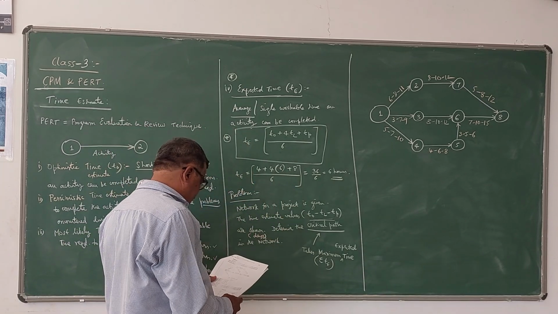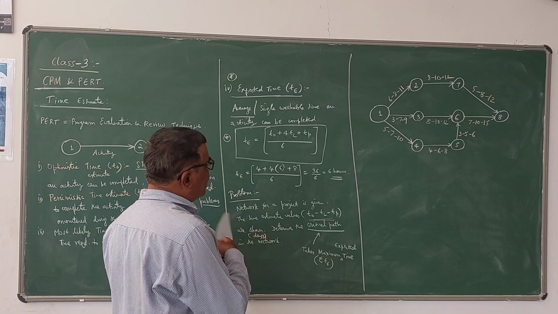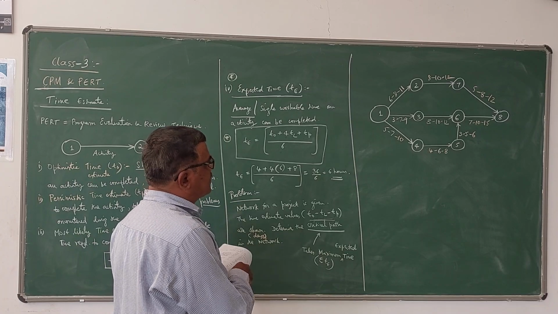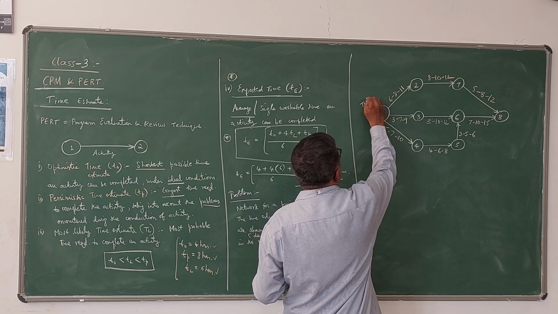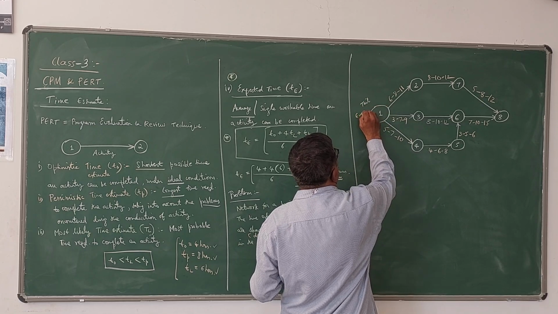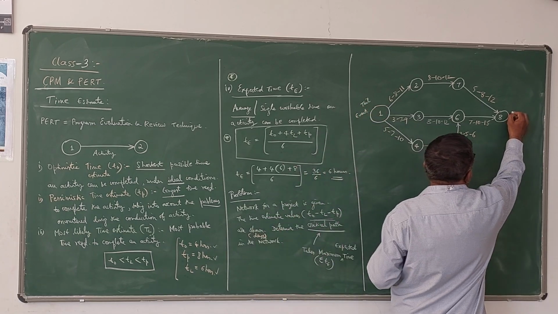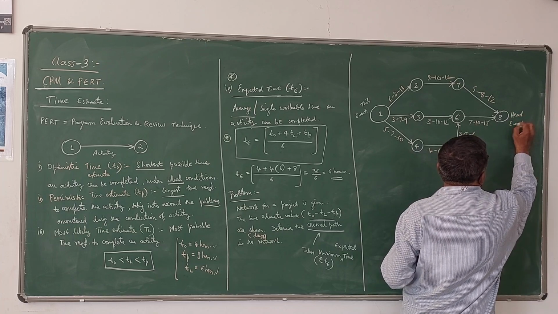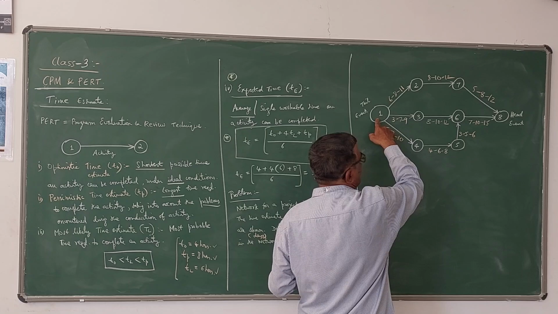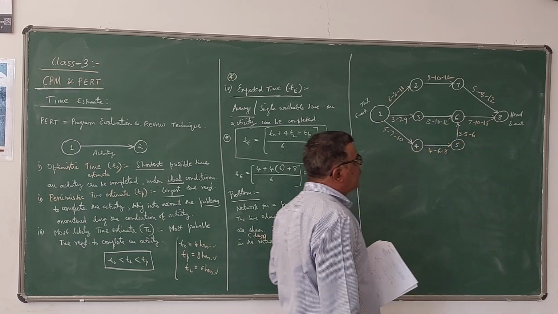It is given in the network. Now let us identify the paths. Here the tail event is 1 and head event is 8. So this is the starting of the project, this is the ending of the project.